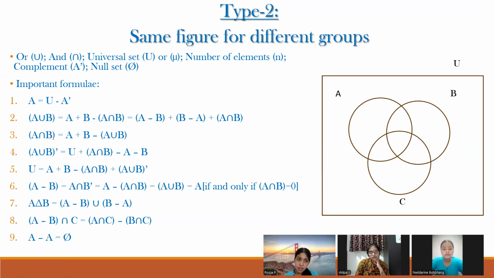Next one, A intersection B. So you need A intersection B. Again, you're taking the set A. But is it A difference B? No, it is wholly the set A. So you're taking this entire set A. Next, plus B. So you're adding B. You're taking this entire set B because it is given only as B. It is not given B difference A. So full set B also you will take.